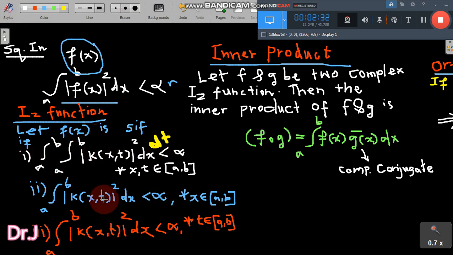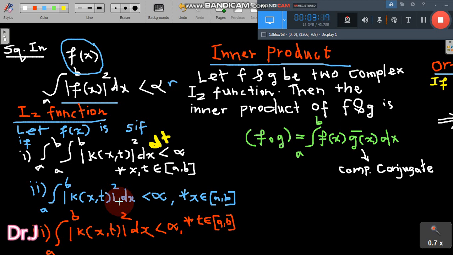If f of x is a function and k of x comma t is a kernel of this function, and this double integration from a to b dx and a to b dt is less than infinity when x comma t belongs to the closed interval a comma b, then we say this function is an L2 function. I repeat: you square the kernel, take the double integration over dx dt, and that value must be less than infinity for all x comma t in the closed interval a comma b.